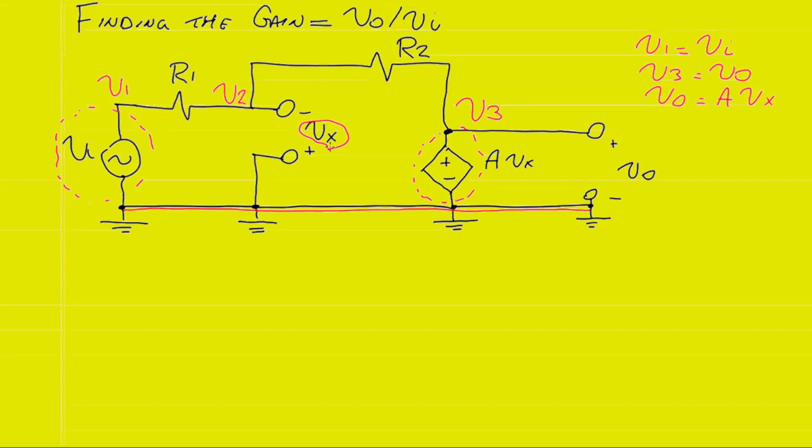But you can see that Vx is going to be the negative of V2, so we can write that Vx is equal to minus V2, or we can substitute in and say that the output voltage will be equal to minus A times V2. It will be handy for us later to take the reverse of this and say that V2 is actually going to be equal to minus the output voltage divided by A.